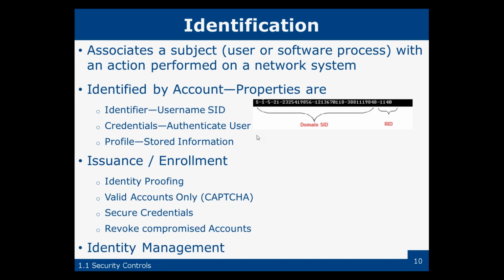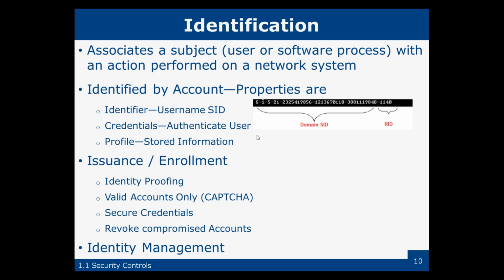It could be a key fob, a smart card, a number of different items that we can use to authenticate the users. The profile is the information that's stored about the user. The profile would be like your first name, last name, maybe home address, phone number, those kinds of things.